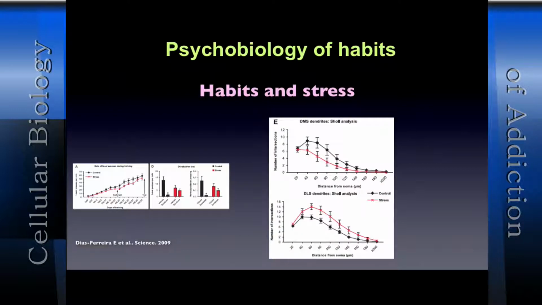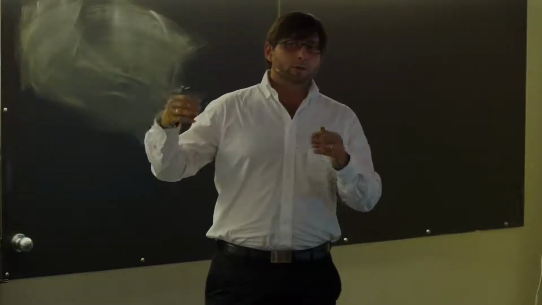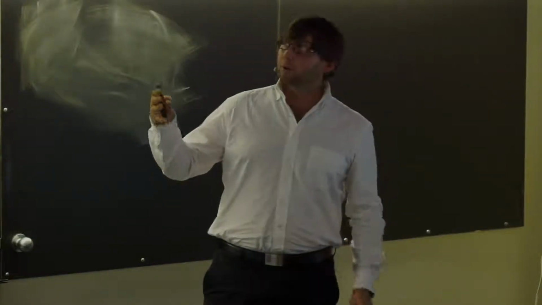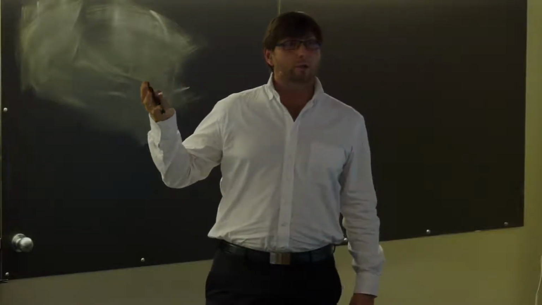And what's interesting is that these stressed animals that resist the devaluation of the outcome, so they're habit-based, display a decrease in dendrites in the dorsomedial striatum and an increase of these dendrites in the dorsolateral striatum. The dorsomedial striatum together with the ventral striatum support goal-directed responses, and the dorsolateral striatum supports habit-based behavior.